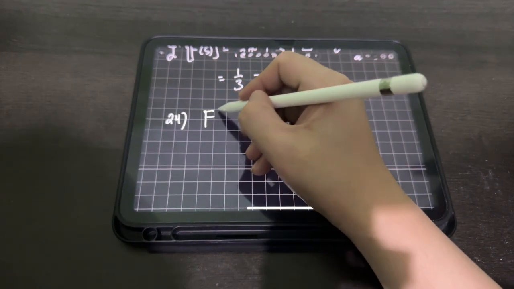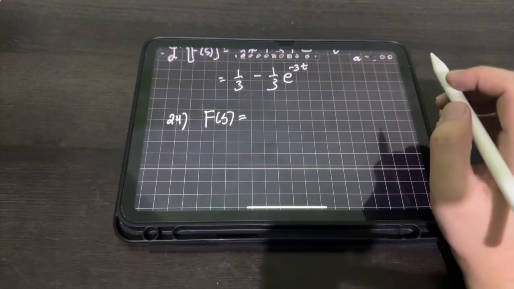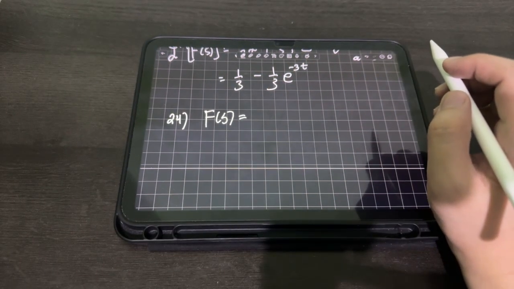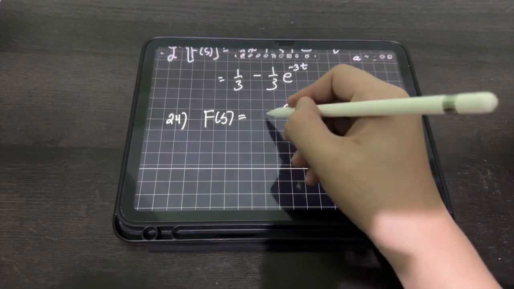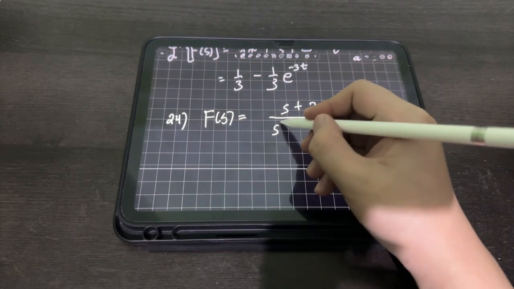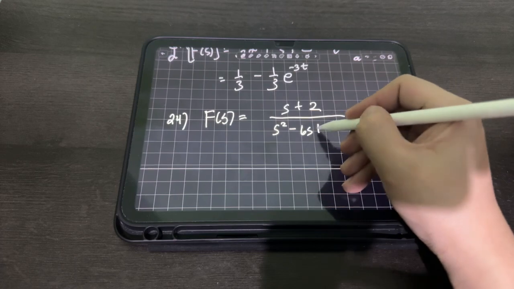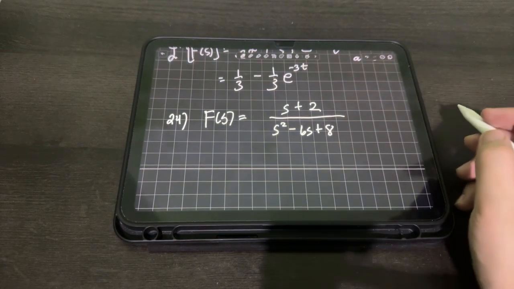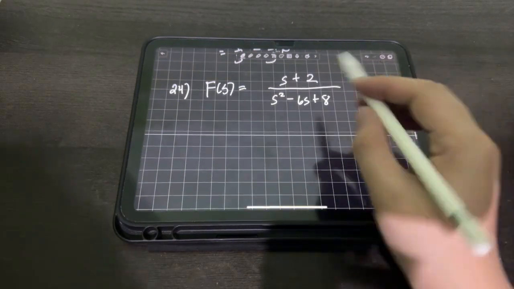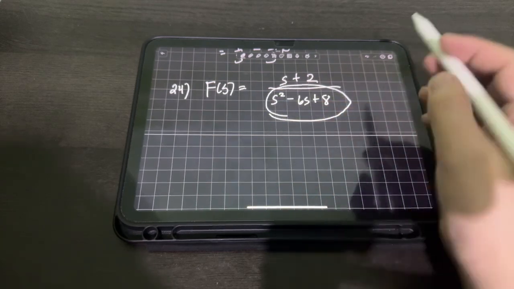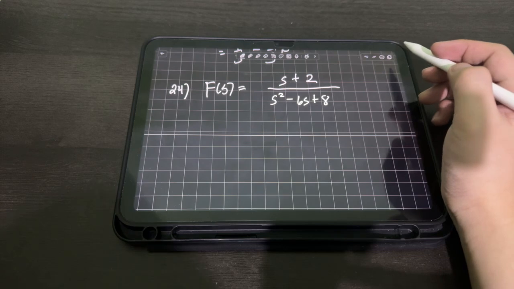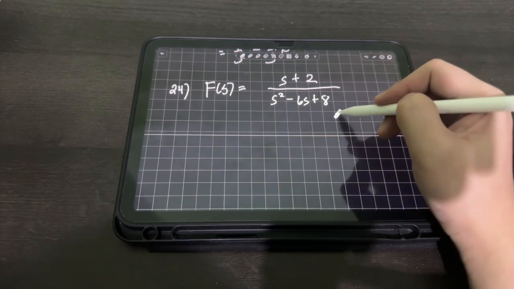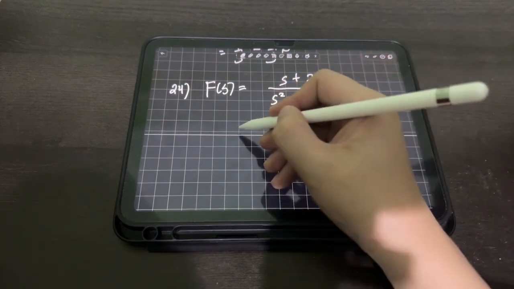24. What if our f of s is s plus 2 over s squared minus 6s plus 8? Okay. So we have a quadratic trinomial in s in the denominator. We don't have a standard formula for this, but we can factor.